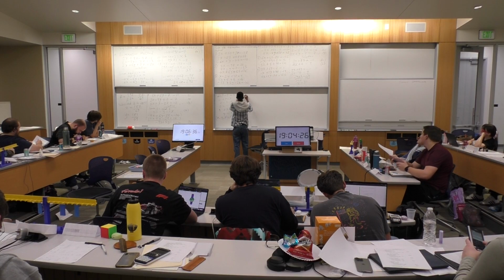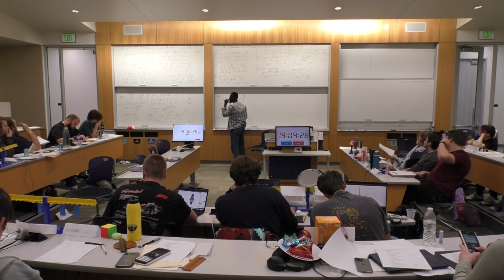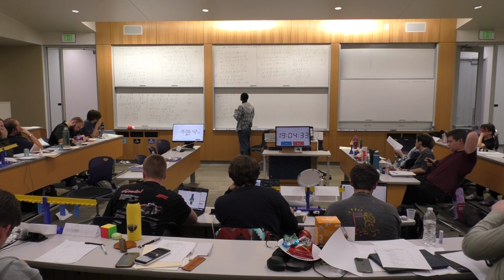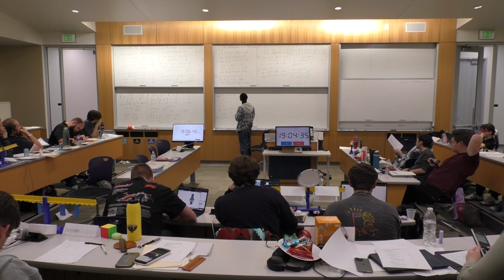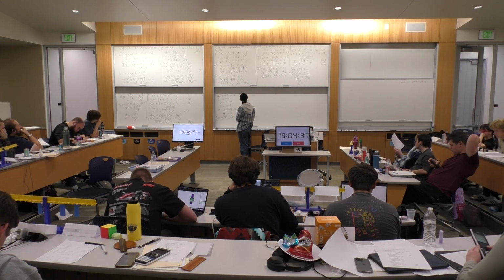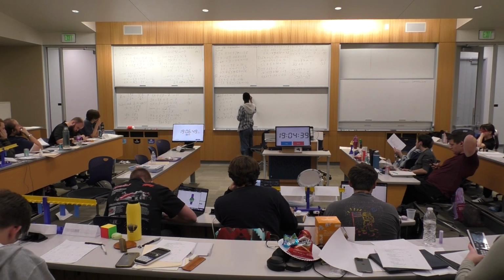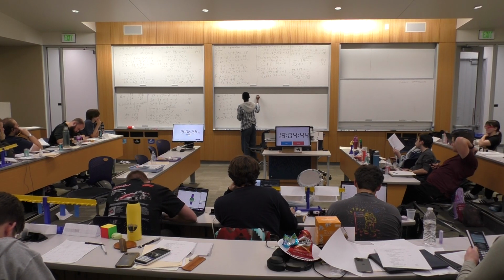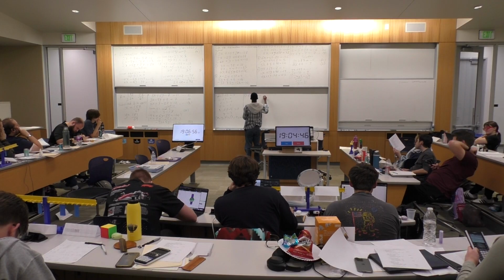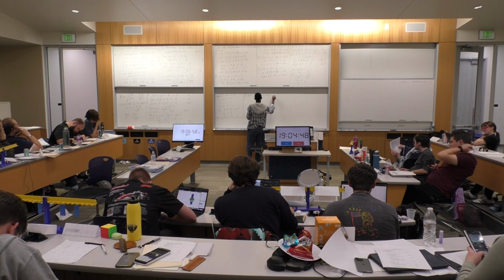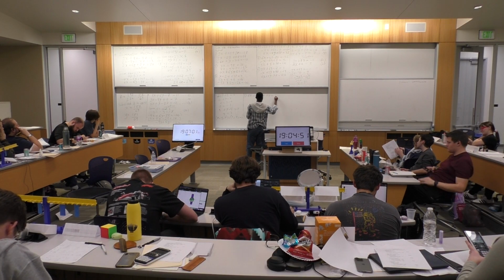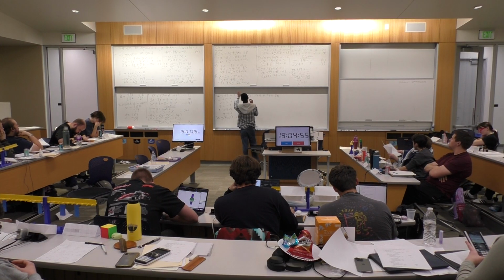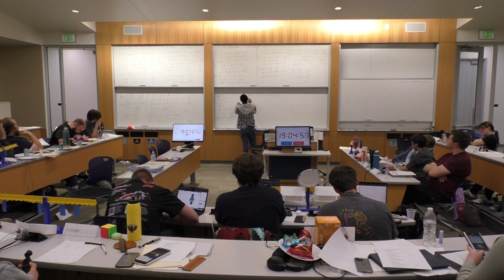So for the number 1, we want to do what? Multiply the second equation by 2. Hence we'll be having 6x minus 4y plus 8z equals 34.